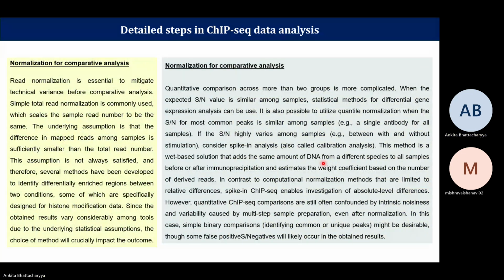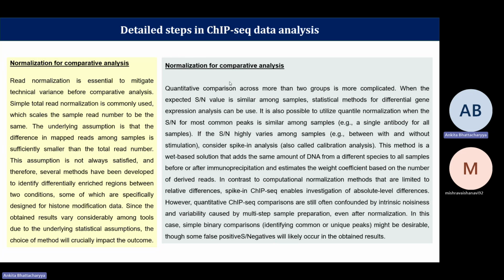Then the next step comes normalization. So what do we mean by that? If you think about it stepwise, what have you done till now? You've actually done your immunoprecipitation. You've sent your samples for sequencing. You got your raw reads. You have pre-processed those reads, and then you have trimmed those reads and done the quality check.